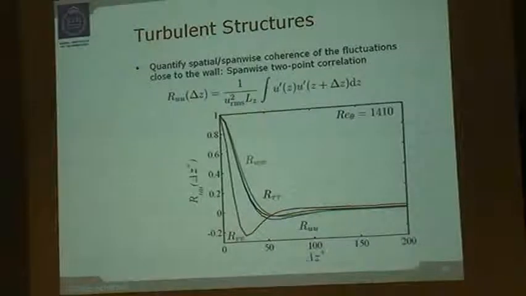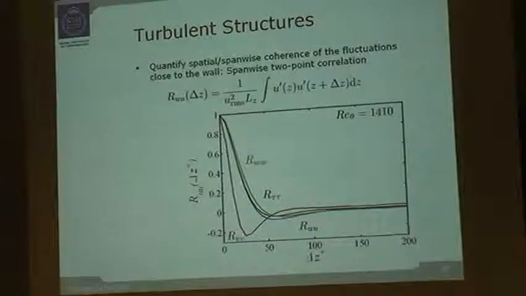Of course, if we start at a displacement of 0, and if we normalize it with the respective RMS value, then of course we have perfect correlation, so we get a correlation value of 1. And then we see that the correlation gradually decreases, reaches a minimum at some point, and then goes up and reaches essentially a value of 0, which means it's uncorrelated.